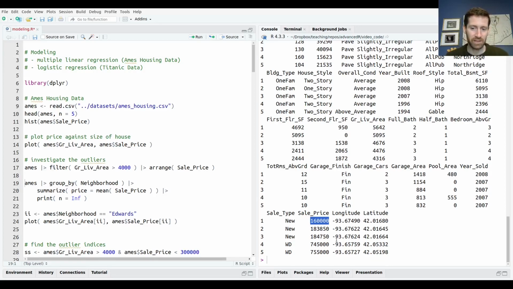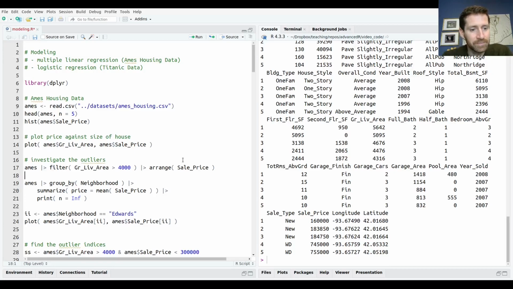So I think for the rest of the analysis, I'm going to take these out and not include them in the analysis. Okay, so anytime with outliers, you have to look at them and decide what to do. If you ever use automatic outlier detection, you should be skeptical of that. You really have to get your hands dirty and look at the data.